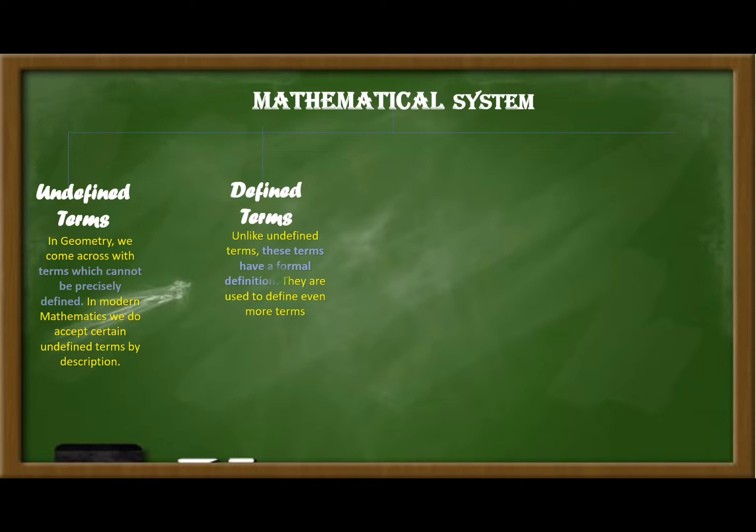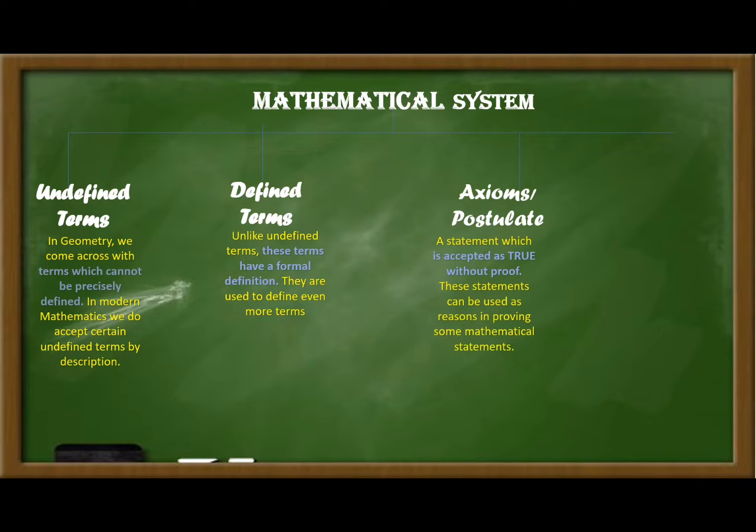Next, we have the defined terms. Unlike undefined terms, these terms have a formal definition. They are used to define even more terms. Next, we have the axioms and postulates. Axioms and postulates are statements which are accepted as true without proof.